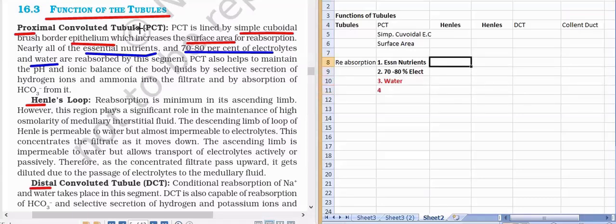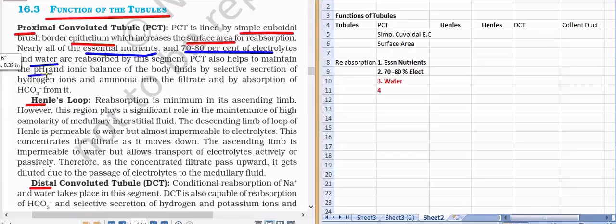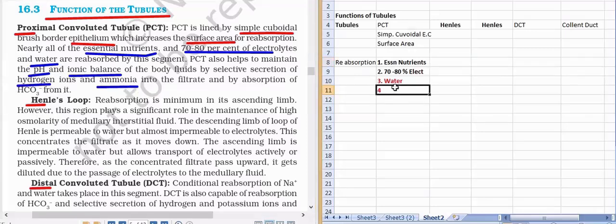Next, PCT also helps to maintain the pH and ionic balance. How? By selective secretion, especially using active transport. One is hydrogen ions and ammonia secreted into the filtrate, and by absorption of bicarbonate. So you have to write bicarbonate, HCO3 minus, here. This is also absorbed, but in exchange for these hydrogen ions and ammonia.